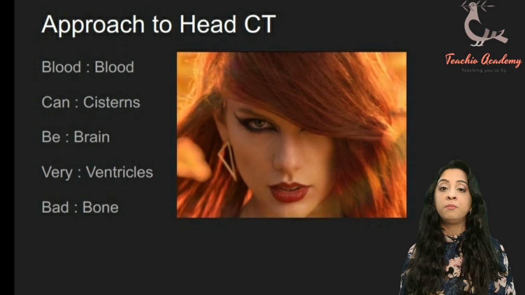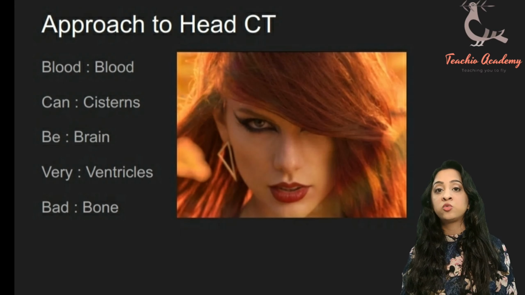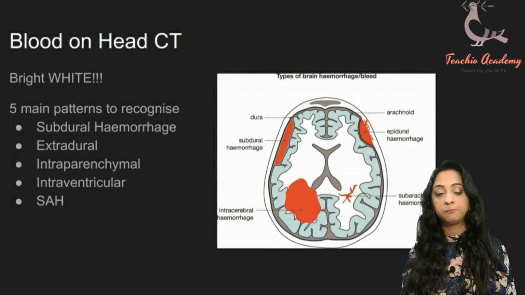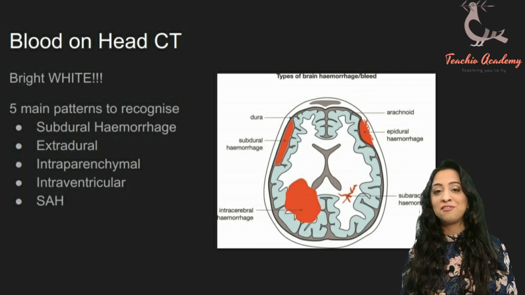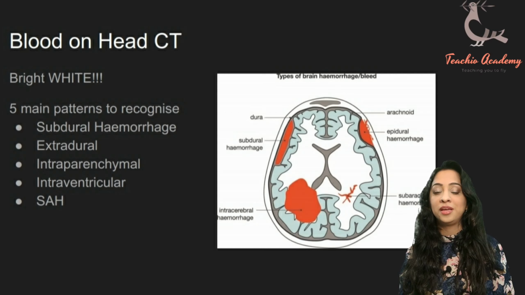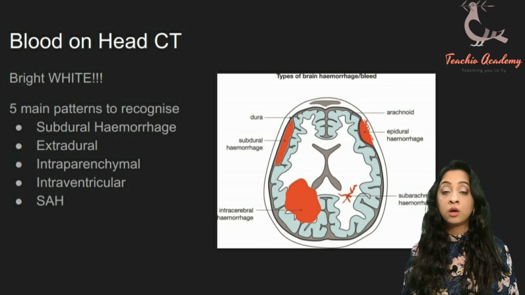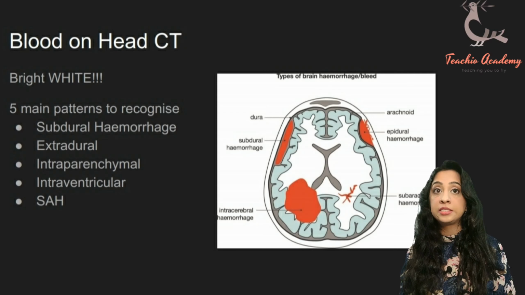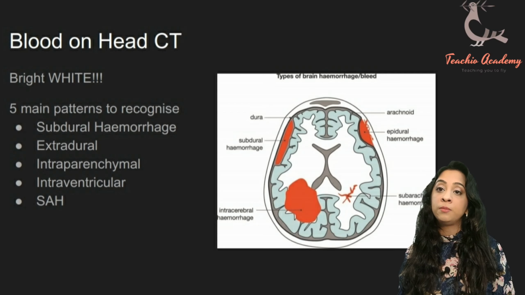So in the order of importance, the things that you have to be the most worried about, the first one is the blood. Now, you might have the intuition that if somebody's got blood on their brain, it's definitely going to be very, very serious. Guys, epidural hematomas and subdural hematomas or hemorrhages are extremely important.